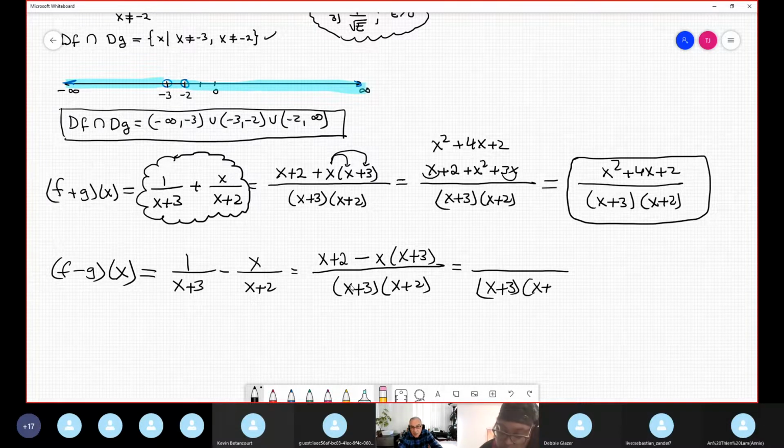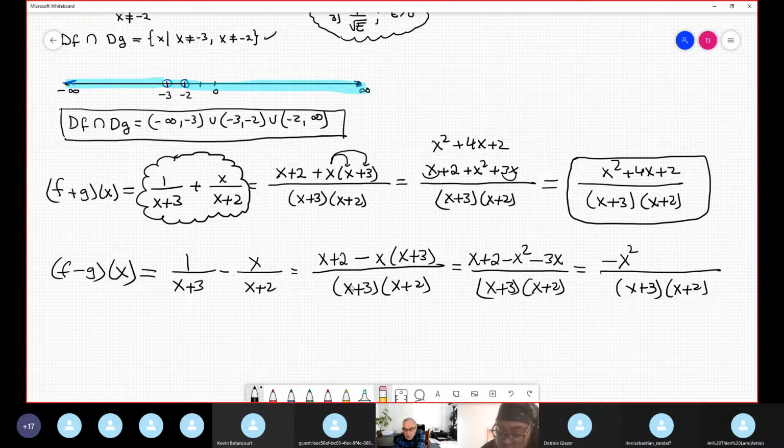Okay, and we have that expression: x plus 2 minus x squared minus 3x. Now we have minus x squared, then organize in descending order of the degree: minus x squared, negative 2x, plus 2. It's beautiful.